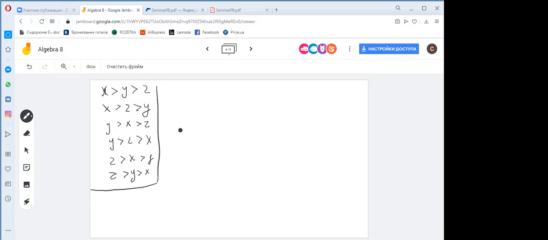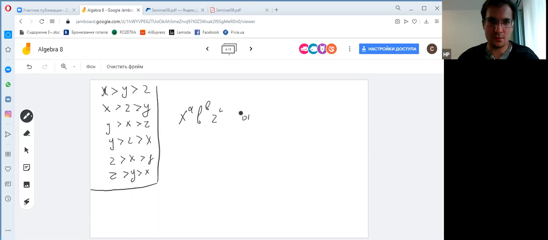Can't we take x in power a, y in b, and z in c, and the second one is the same, but with a plus 1, b plus 1, c plus 1? Of course, it's correct. x in power a plus 1, y in power b plus 1, and z in power c plus 1.